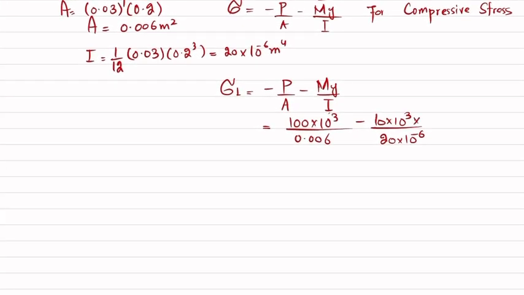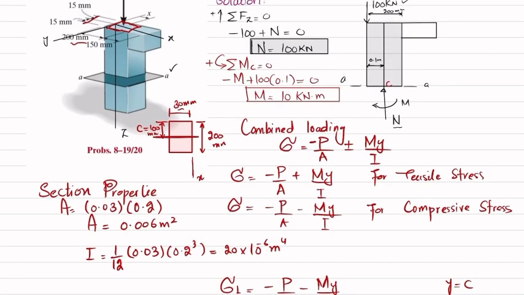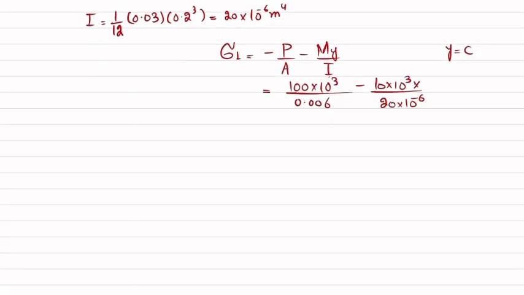So I will multiply Y is equal to C, because C is the maximum distance and Y is the distance from neutral axis to anywhere. So if Y is equal to C, it will be this distance. Clear? So C is 0.1. Okay.